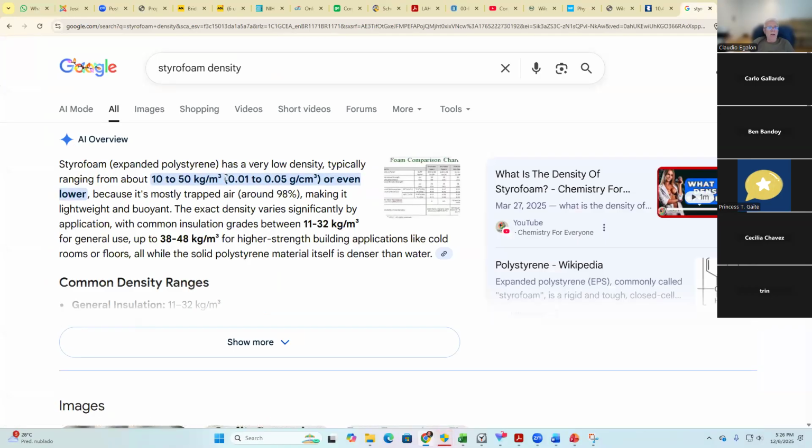Here you go. 0.01 to 0.05 grams per cubic centimeter. It's very small, right? About 100 times less than the density of water. Anywhere between 10 to 50 kilograms per cubic meter, or 0.01 to 0.05 grams per cubic centimeter. Remember that the density of water is 1,000 kilograms per cubic meter.